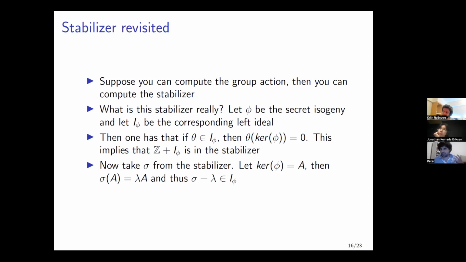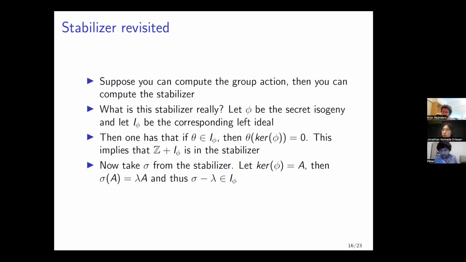They have a very special meaning, which I think is important because it's useful in other contexts as well. So let phi be the secret isogeny. We want to look at the stabilizer of this phi.